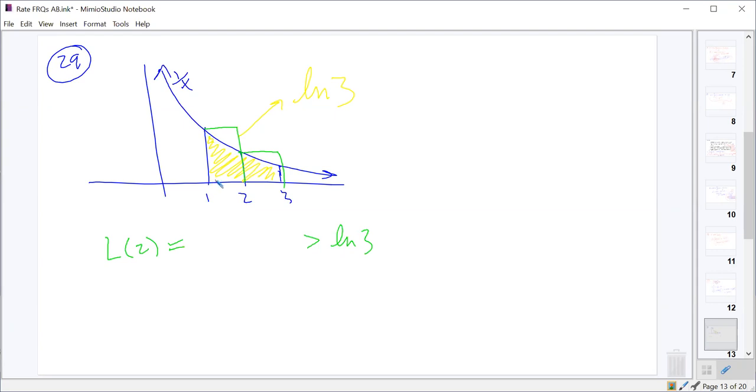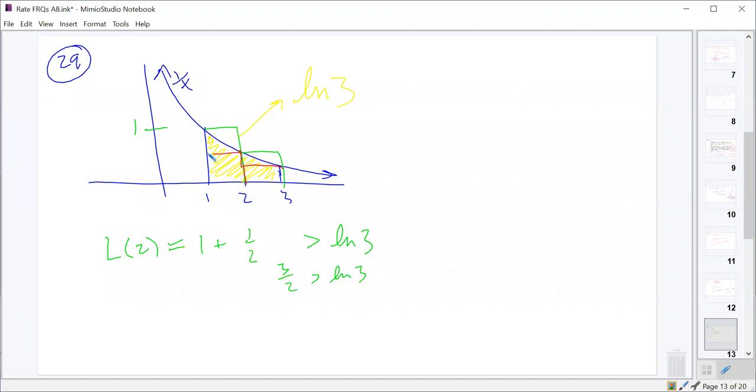And the value of that is 1 by 1 unit high, right? Because this is 1 over x. So 1 plus a half times 1. So it tells us that 3/2 is greater than ln 3. And if we use a right Riemann approximation, I'll use a different color for this. There we go.